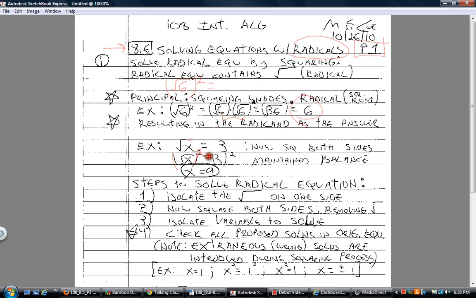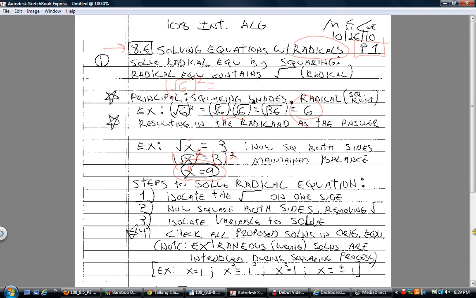Square the left side and the right side of the equation. You still maintain balance. On the left side, the square root of x squared drops the radicand down. You're going to hear me say this a lot: squaring undoes the square root, and you drop the radicand down. And 3 squared is 9, and you got your answer.